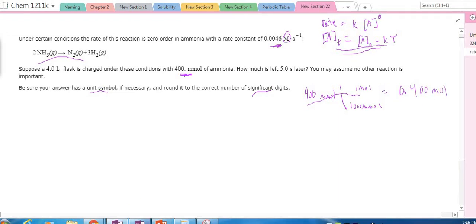Since this is a gas filling the entire 4-liter flask, I can divide by 4 liters. That gives me moles per liter, which equals 0.10, with 2 sig figs, molar.